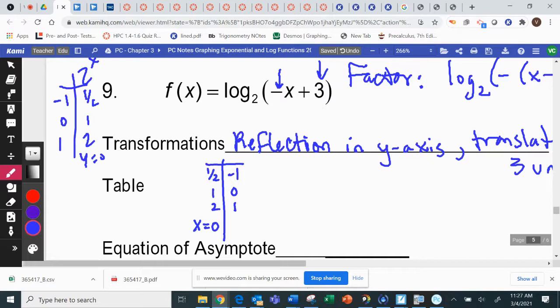I use them just on the switched points, because those transformations are on the logarithm equation. So we have a reflection in the y-axis, so we multiply our x values by -1. So I'll get -0.5, -1, -2. But what happens when I multiply x equals 0 by -1?